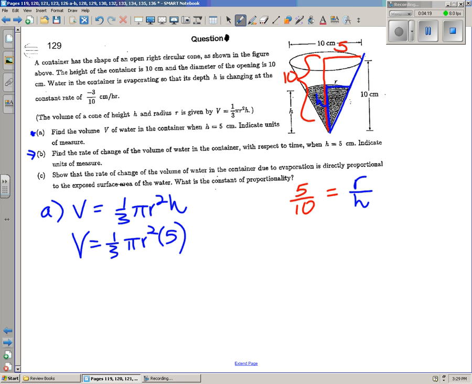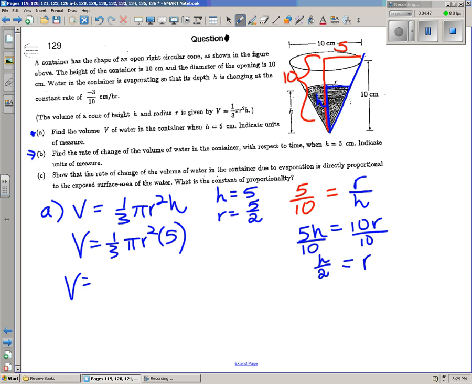So when we cross multiply, what I want to do is get R. 5h equals 10R. Divide by 10. R would be 5h over 10, or h over 2. So if the height is 5, then the radius would be 5 over 2, or 2.5.